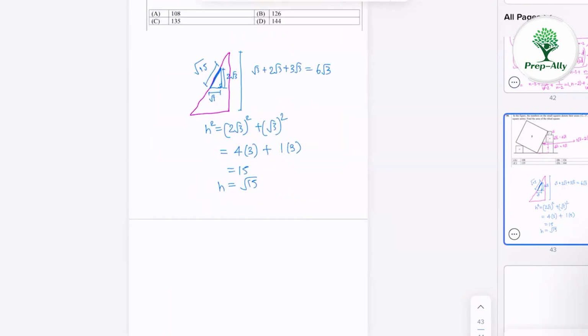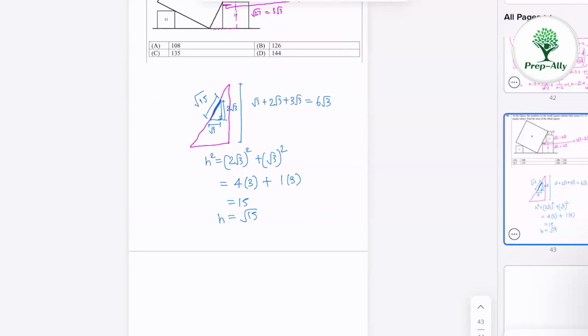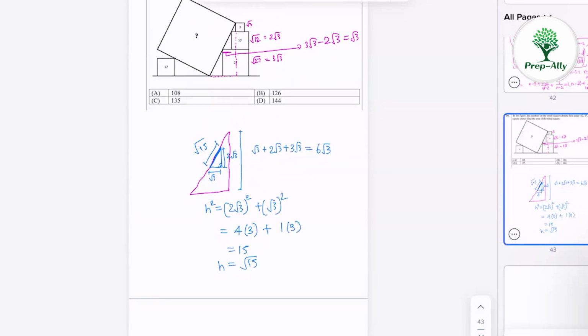Now let's name these triangles first. Let's say this is ABC and this is XYZ.